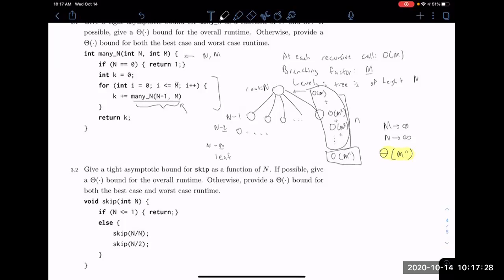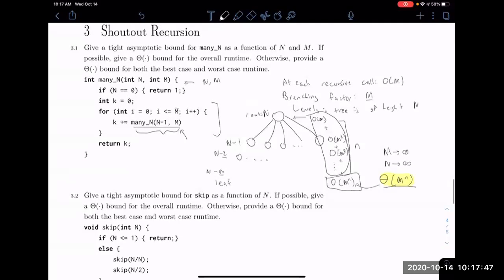If this branching factor is different, then this problem will be slightly trickier. But in this case, the branching factor is the same. So we can create this summation and in the end just realize that the last one is the biggest one, outpaces everything else. So our total runtime is O of m to the n. And this is the best and worst case runtime because there's no other way around having to branch out m times and do O of m operations for each recursive call.